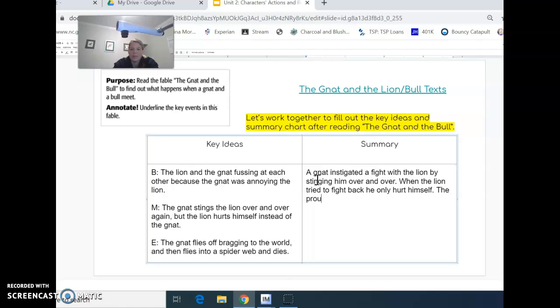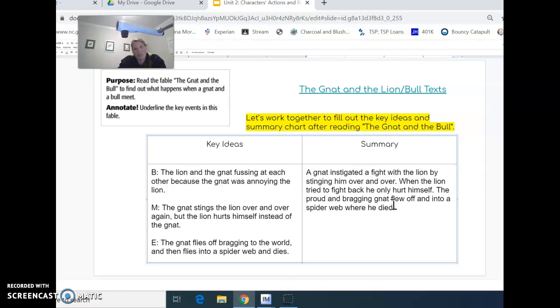The proud and bragging gnat flew off and into a spider web where he died. Okay? And so we've just taken those key details and summarized them into a summary that has 3 or 4 sentences. 1, 2, 3. So it's not that we're recreating our summary. We're taking these details and combining them together.